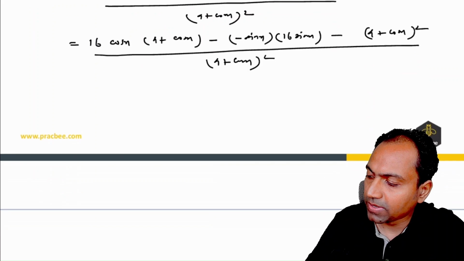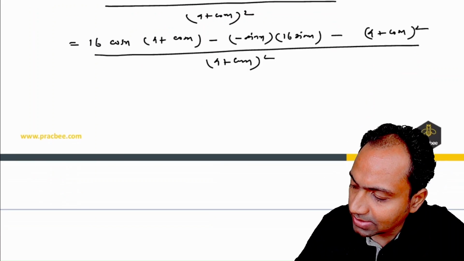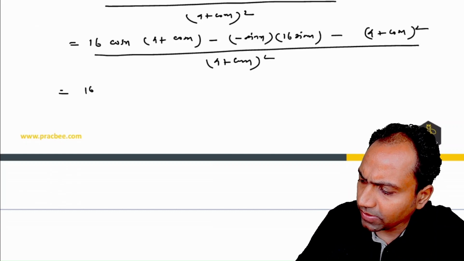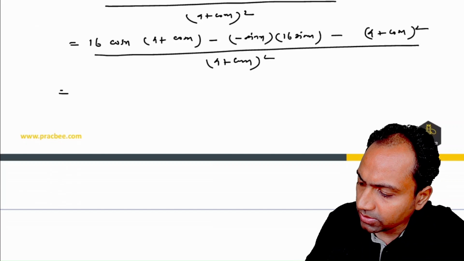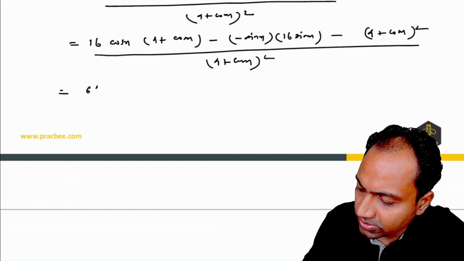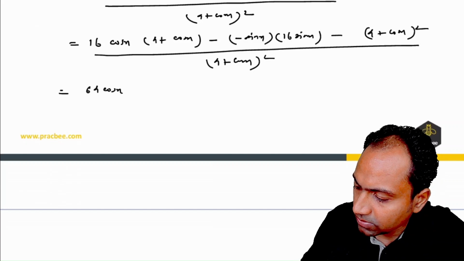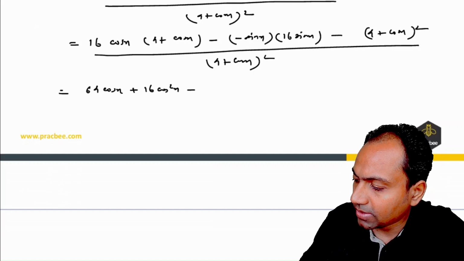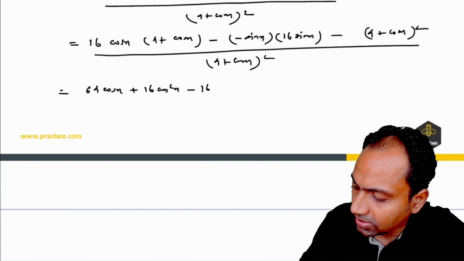If I simplify, I will have to take this 16 common from here. In fact, it will make sense not to take it common. So if I multiply this, it is nothing but 64 cos x plus 16 cos square x. The second term becomes nothing but 16 times sine square x.